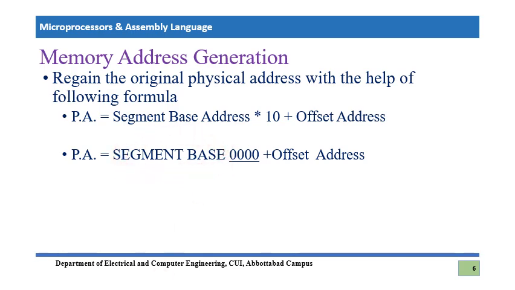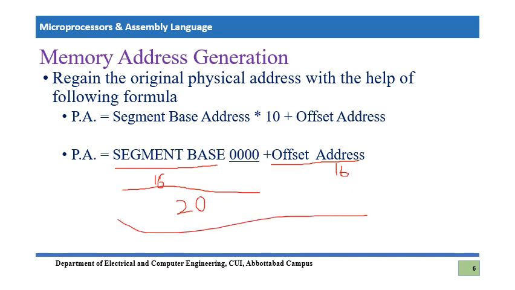Remember, the segment base address is 16 bits, and we are going to pad 4 zeros here, so in total it becomes how much? 20 bits. And this offset part is again how many bits? 16 bits. So 20 bits will be added to these 16 bits, and the result will again be 20 bits. That's how a 20-bit physical address is generated using the formula.